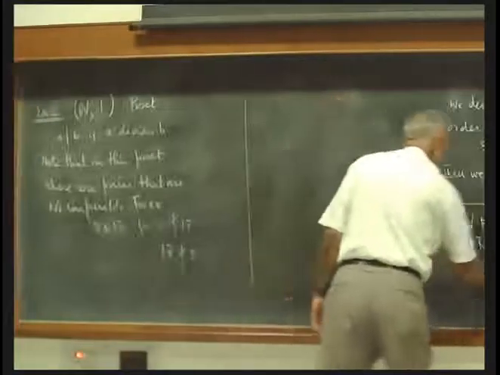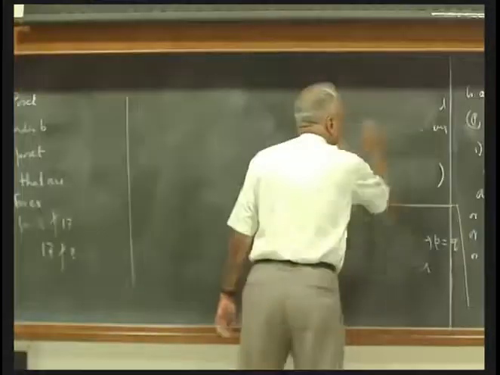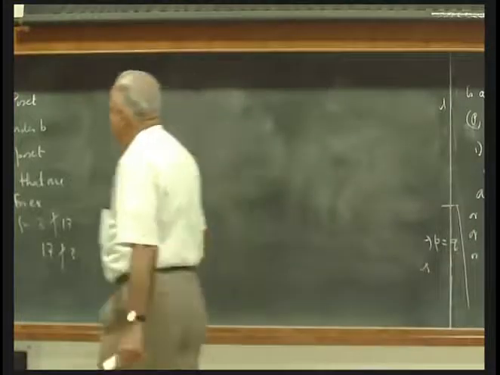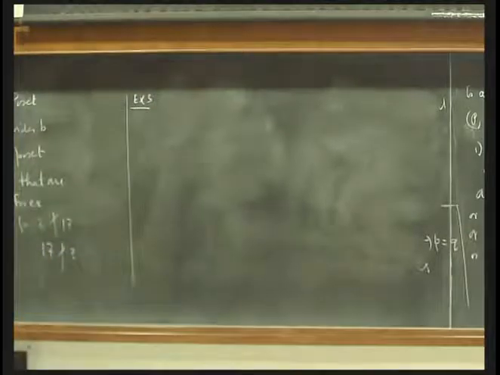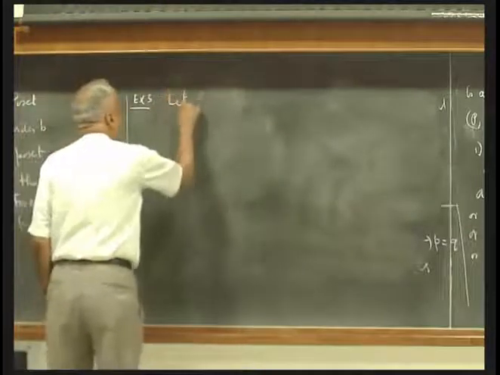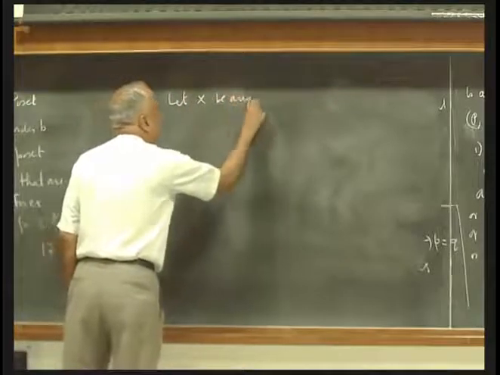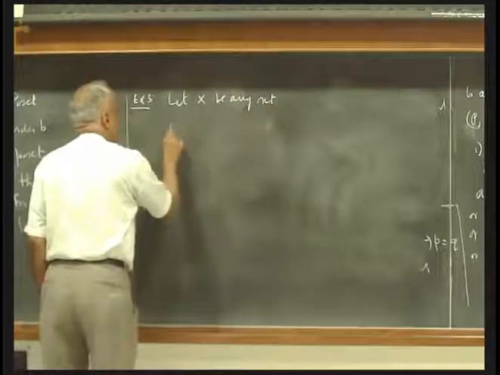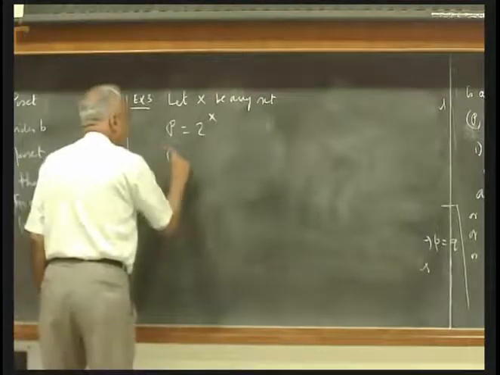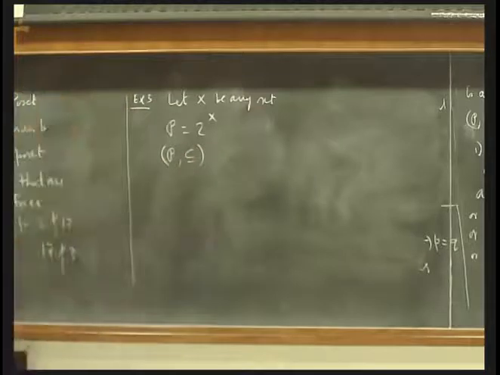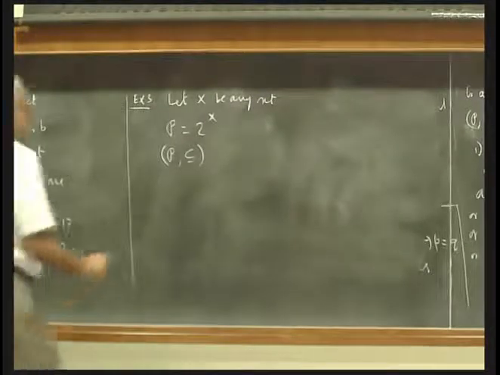I'm going to write only those examples which I may use immediately. Example 3. Let us take any set X, and then let P be the power set, the set of all subsets of X. Then clearly, if we take the relation to be subset or equal, A is related to B if A is a subset of or equal to B, this is a poset.